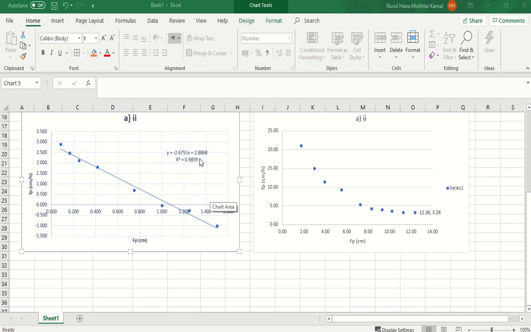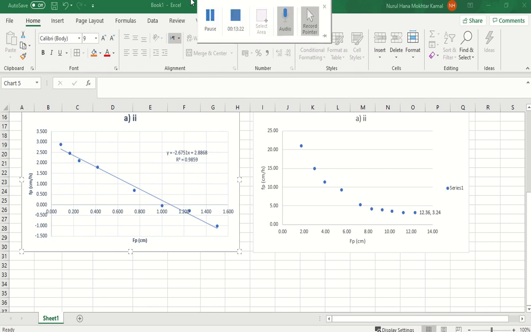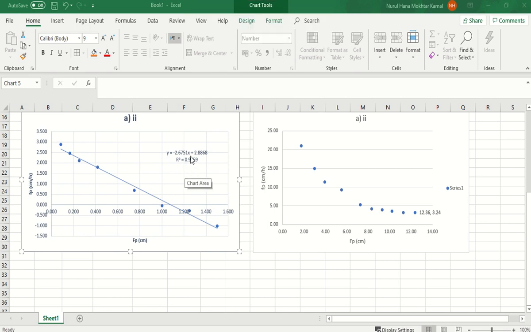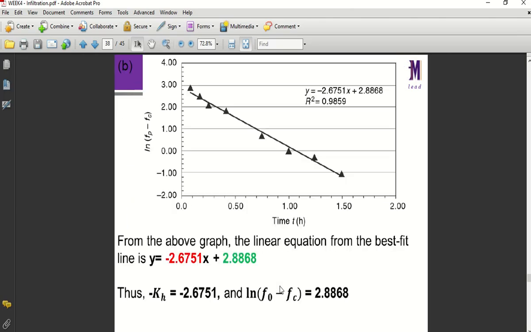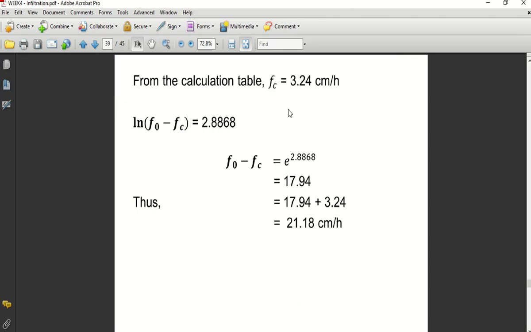So from the equation you can see that this is KH, and this is the ln of f naught minus fc. And then just solve that so that you can get your f naught like this. Since we already know the fc is 3.24 from the table, just solve it like this, then you will get your f naught. Then that solves everything.